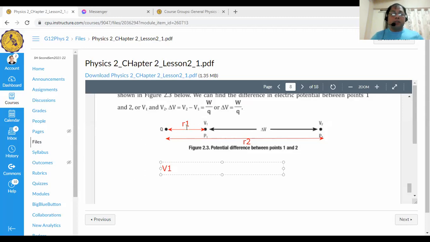Point 1 is of distance R sub 1 from Q. So Q is the charge that is creating the voltage. And then R sub 2, all the way here, there's another point.